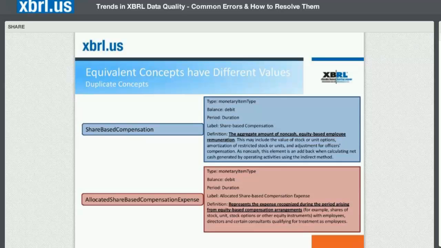However, in 2011, the FASB broadened its definition so that it is a duplication of share-based compensation expense, which appears on the cash flow in the base taxonomy. When you look at these definitions, these are duplicates. The values in the same context tagged with these two different elements within the same instance have to agree. They have to be equal. There are concepts, therefore the values would be expected to be equal. If those values are different, that's an anomaly. That's a data quality issue.